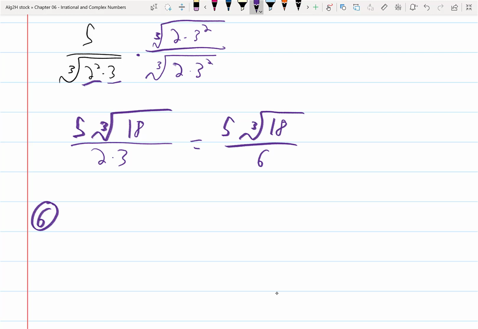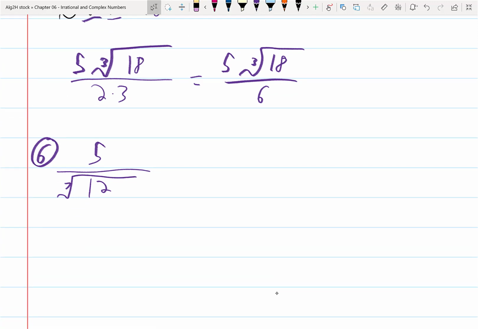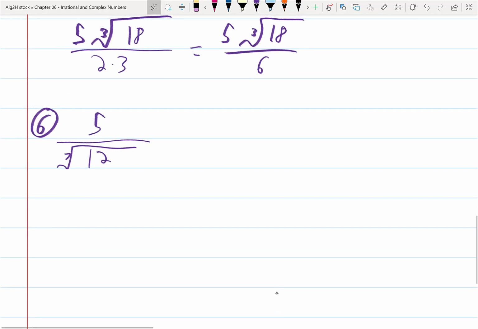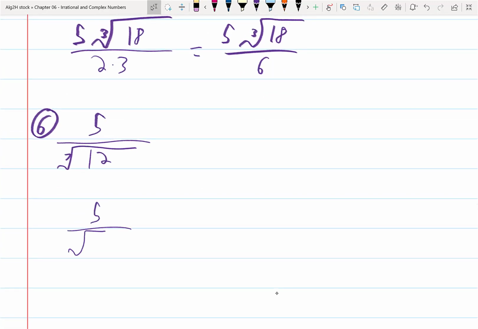Let's say that I have 5 over the 7th root of 12, and let's see how this changes. Well, this is really just 5 over the 7th root of 2 squared times 3 again. But now because it's a 7th root, I need to have 7 copies of everything. I need 5 more copies of the factor 2, and I need 6 more copies of the factor 3.